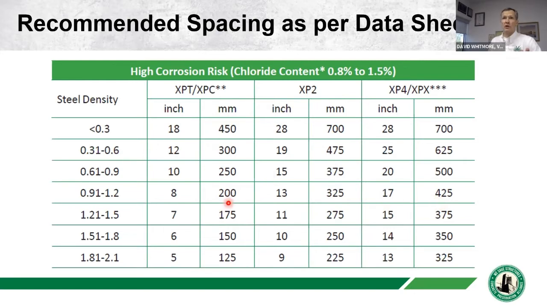Obviously, you'll need more smaller anodes in order to achieve that and fewer bigger ones, but they're going to provide the same level of protection to the steel. And that's then a choice for the user to determine which one they prefer to use, more small ones or fewer big ones. But the protection will be the same.